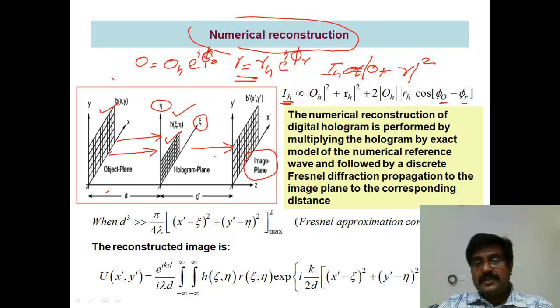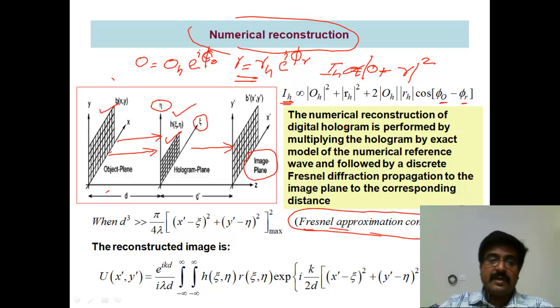This can be understood by the Fresnel approximation condition, or paraxial approximation. If the condition is satisfied, suppose d is the distance between the object plane and hologram plane, and d dash is the distance between the hologram plane and image plane.